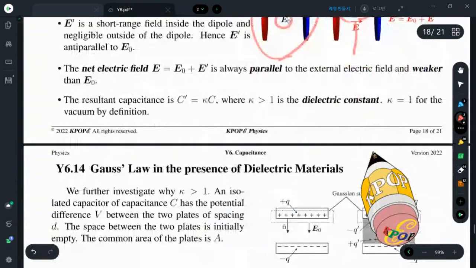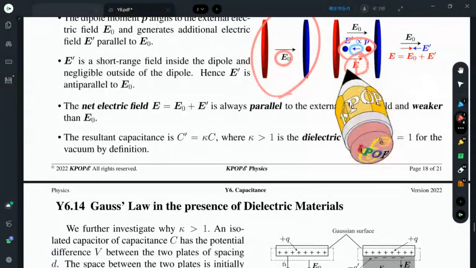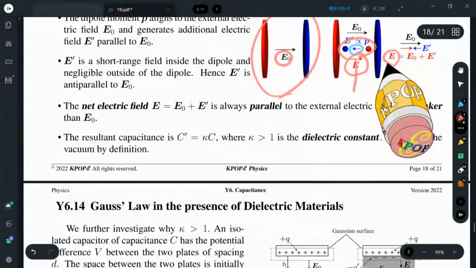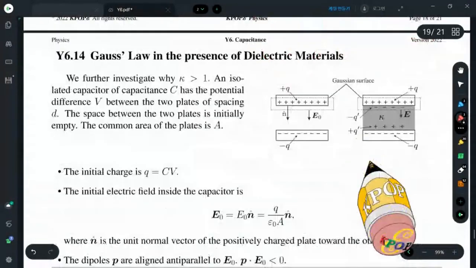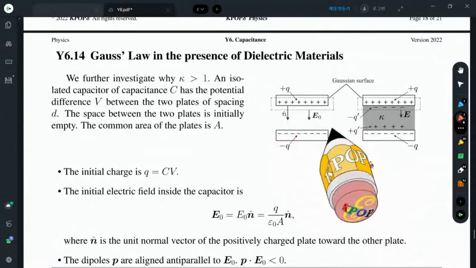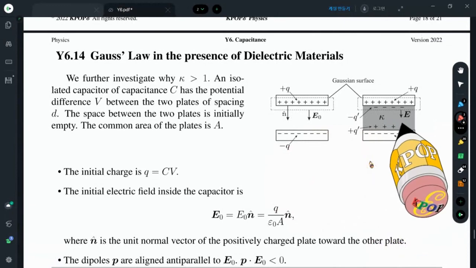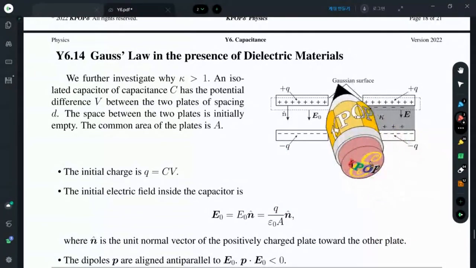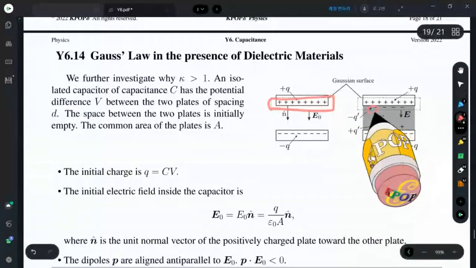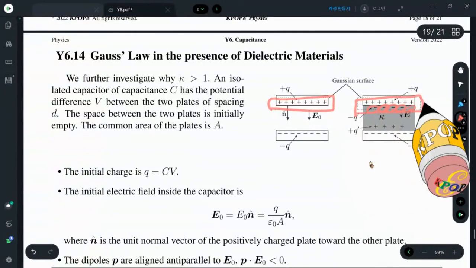Because of this, the resultant electric field cancels. This cancellation leads to a resultant electric field weaker than before. The reason is that the redistribution and alignment of the electric dipoles between the two plates opposes the electric field. So if you consider a Gaussian surface, usually the net charge was there, but redistribution makes the net charge smaller than the previous one.